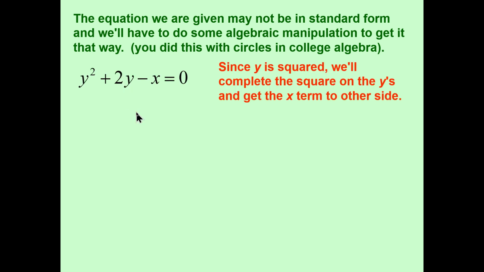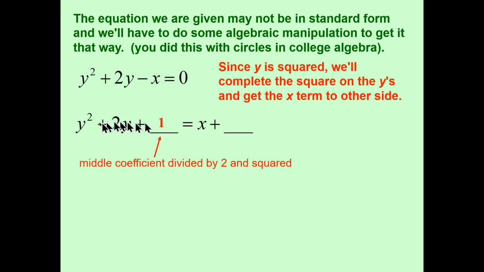The equation we are given may not be in standard form. We have to use some completing the square like we did before. So you want to get your y terms on one side and everything else to the other side. I take half of the y term here and square it.